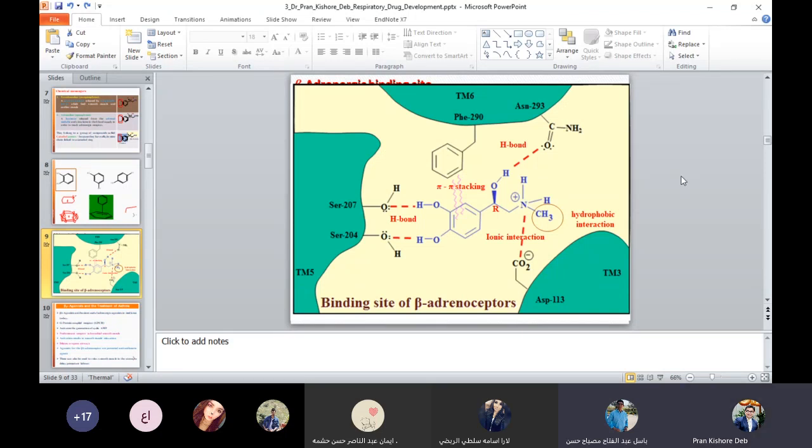My question was how many points you need to remember regarding alcoholic OH. I did not ask about phenolic OH. It must remain above the plane in the form of R enantiomer. Very good. So for the alcoholic OH to form hydrogen bonding interaction with ASN 293, it must be in the R enantiomer, right? That means it must remain above the plane. If it is below the plane, it cannot form hydrogen bond interaction with ASN 293.